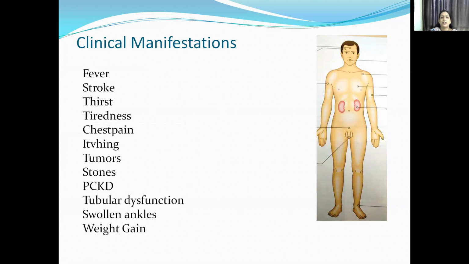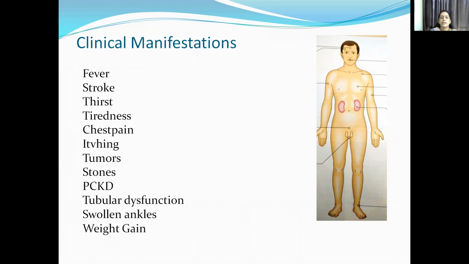If there is a fluid electrolyte imbalance, that will cause thirst and tiredness. It can cause chest pain if there is fluid retention, and also if there is any kind of abnormality in the fluid maintenance of the body. Then itching. Itching can happen if there is uremia. Obviously, whenever a waste product stays in your body, it will cause itching.